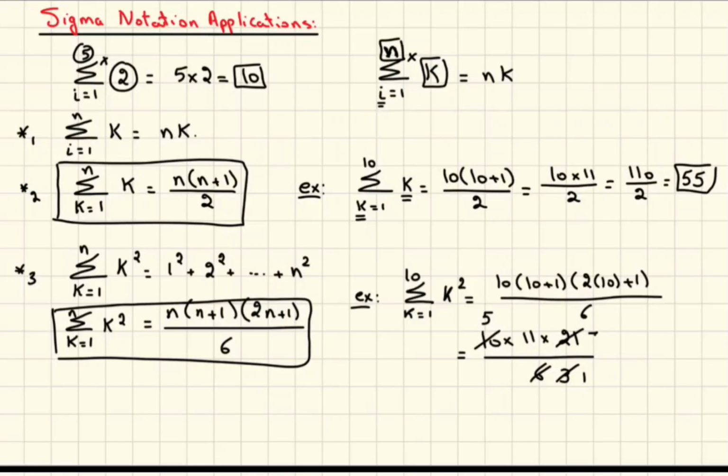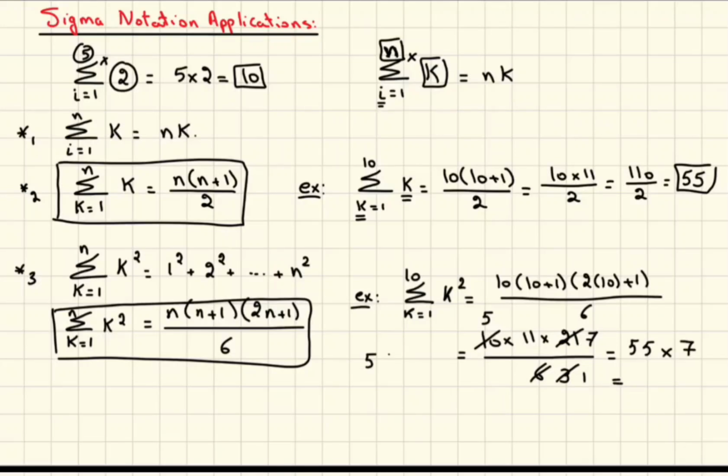Divide 21 by 3, we get 7. And we are left with 5 multiplied by 11 multiplied by 7 on top over 1. So no need to write the denominator 1. 5 multiplied by 11 is 55 multiplied by 7.